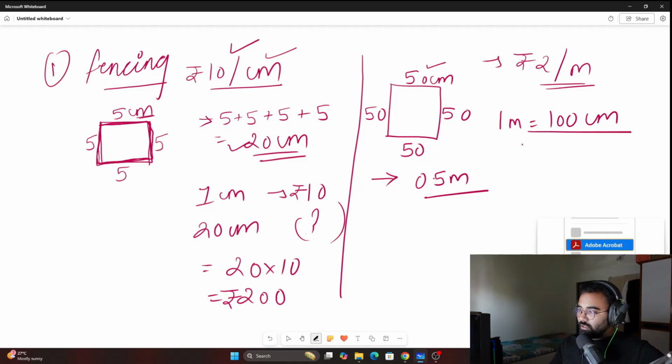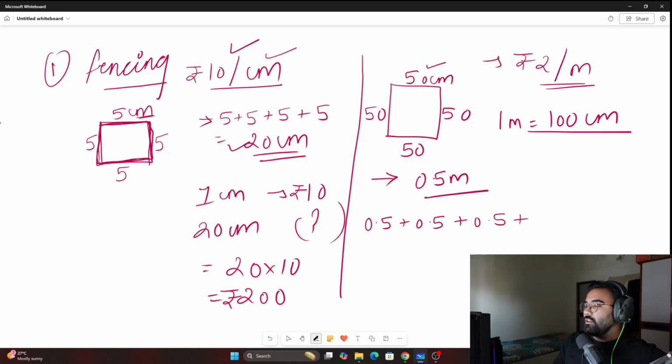Now you simply add all the sides: 0.5 plus 0.5 plus 0.5 plus 0.5. So 0.5 plus 0.5 is 1, and 1 plus 1 is 2. So this gives you 2 meters.